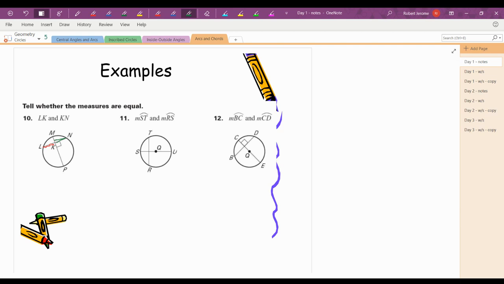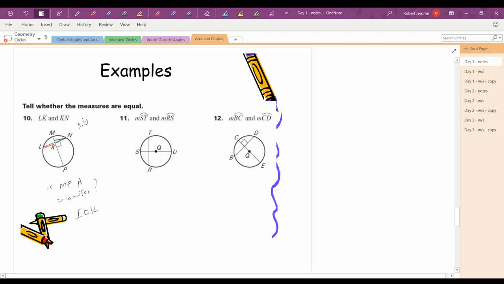The question here is, is MP really a diameter? So we have to be able to answer that. We have to ask ourselves that. Is MP a diameter? And, well, I don't know, because we don't know where the center of the circle is. It looks it, but we really don't know. So we're going to have to say no.